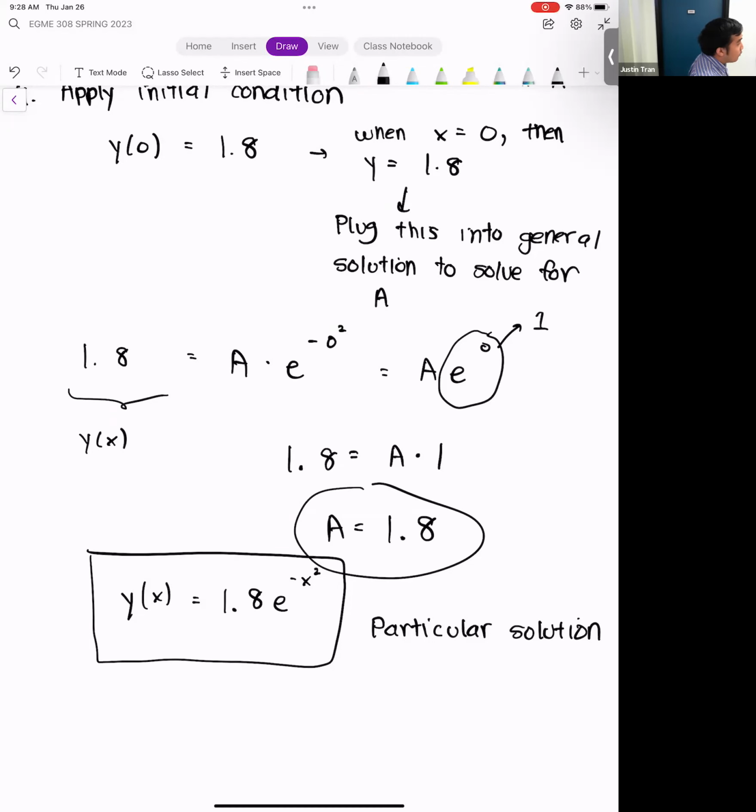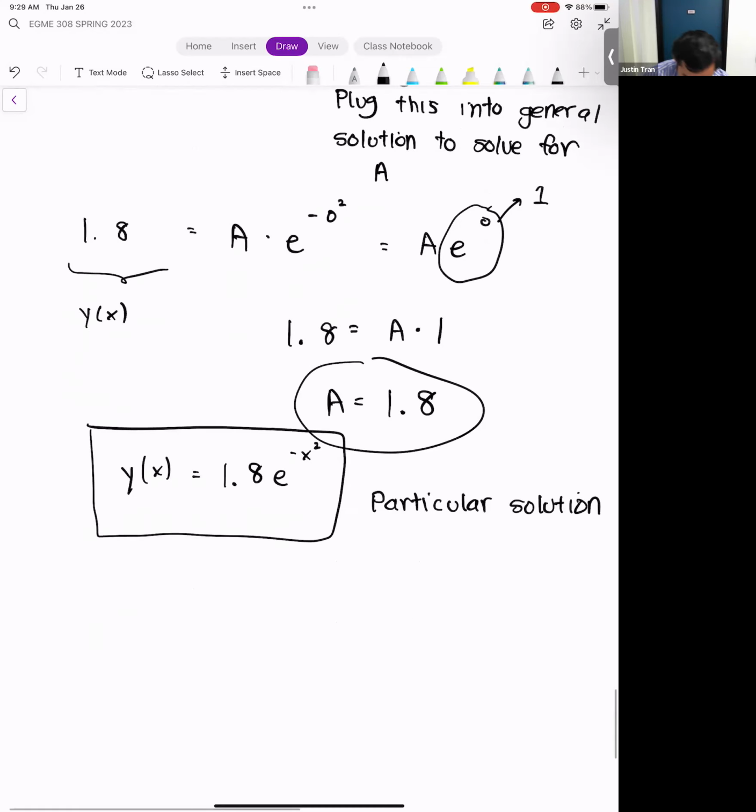The second method that we'll go over is known as integrating factors. And integrating factors are oftentimes used for inhomogeneous differential equations, in particular, linear differential equations. Let's talk about linear.